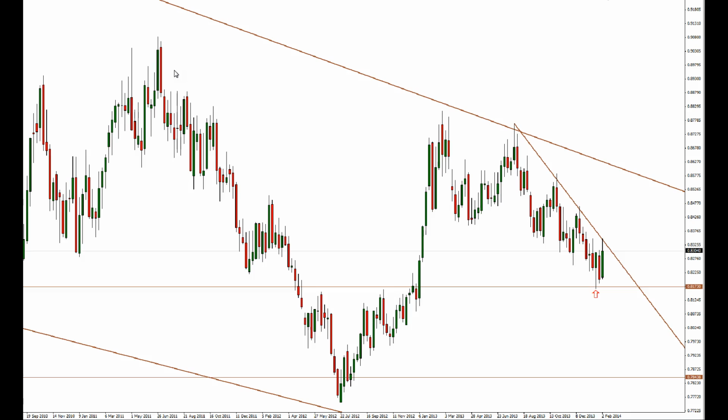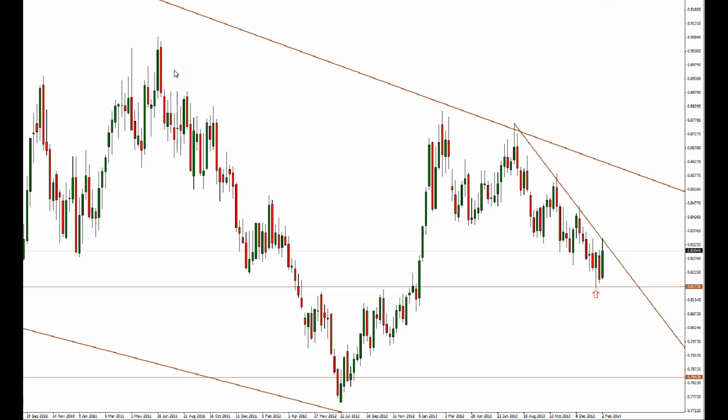Obviously, and I underline this concept because it's very, very important, it is very important to see a higher time frame candle closed below the support level.